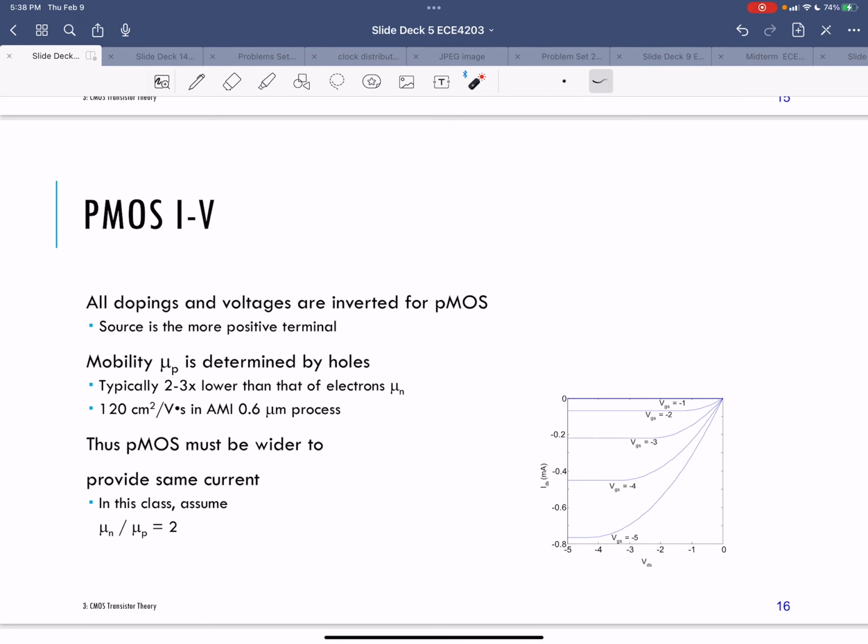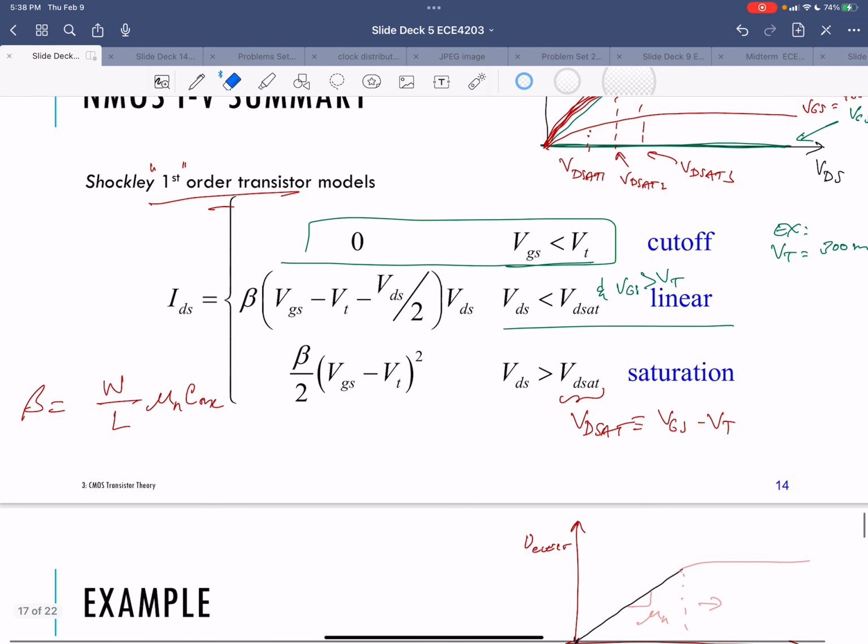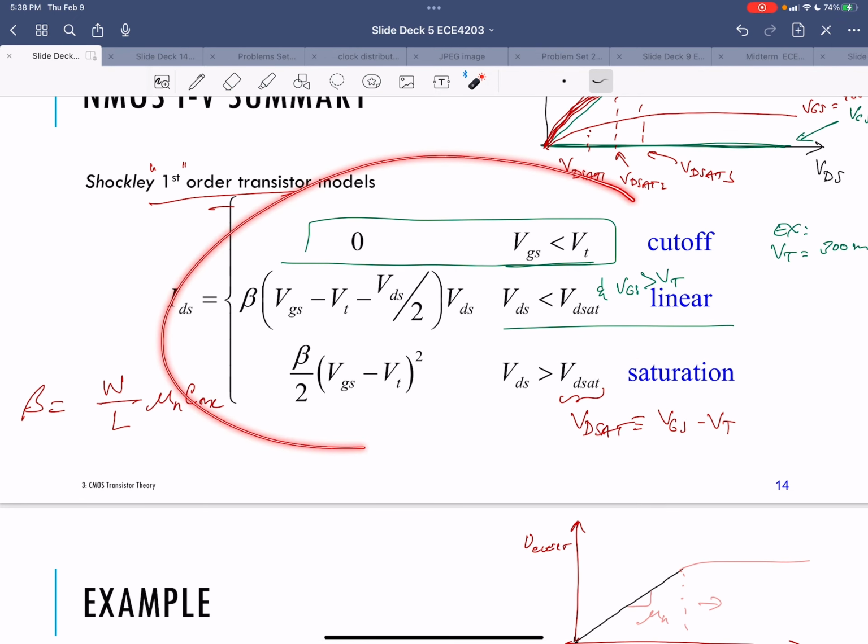So PMOS, like I mentioned, looks exactly the same. In fact, the IDS currents for a PMOS look very much like this, with everything kind of flipped.